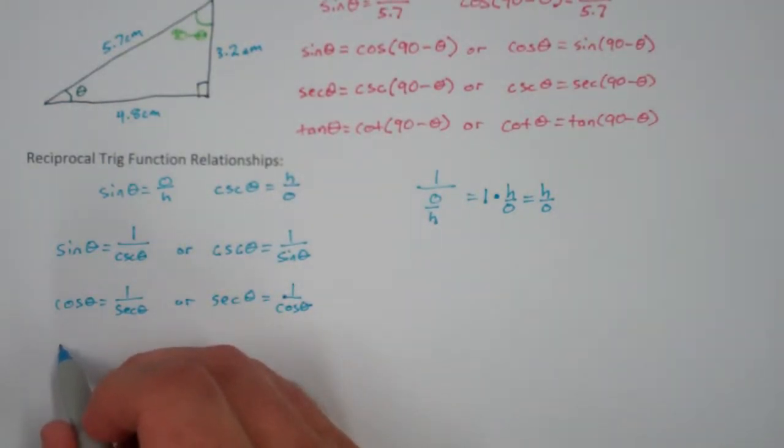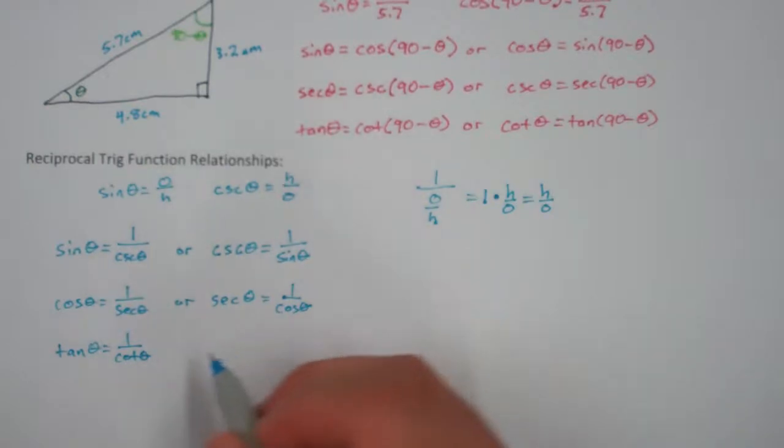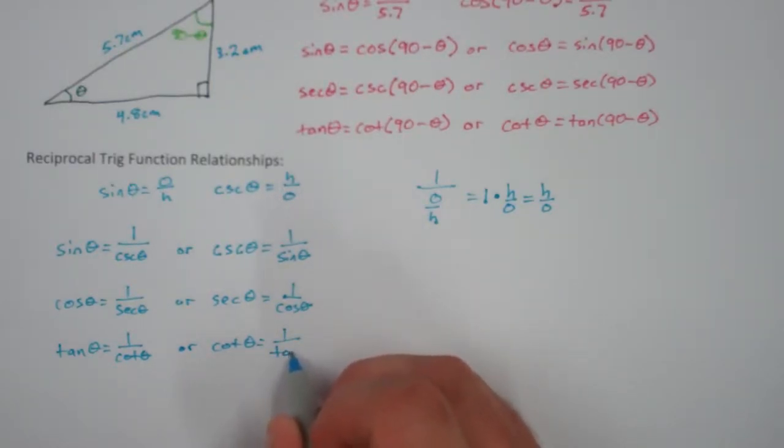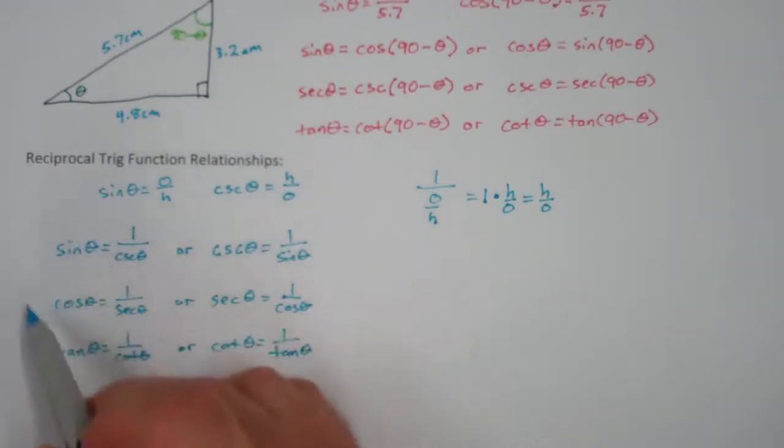Likewise, you can have the tangent of theta, and the relationship there is it's a reciprocal with the cotangent. Or we could also do the cotangent of theta is equal to 1 over the tangent of theta. So these are the ones you're going to want to remember right here.